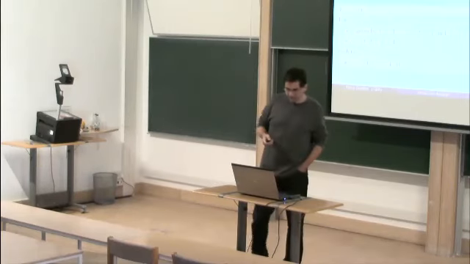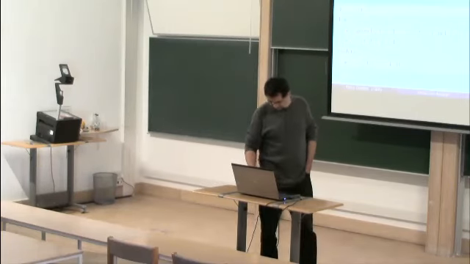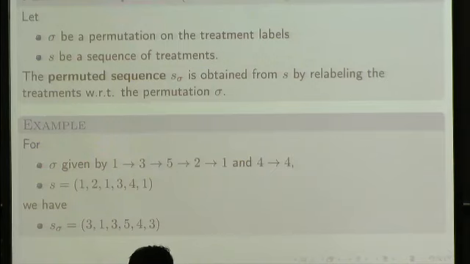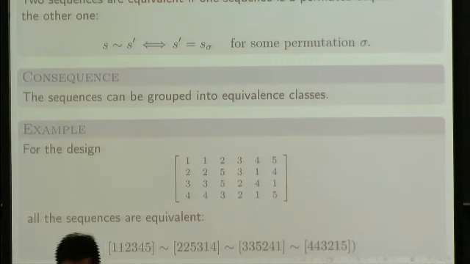So the importance of such a permutation was given by Kiefer in 75, and then by Kushner in 97. We say that two sequences are equivalent if we can obtain one from the other by a treatment permutation. So this is an equivalence relation.